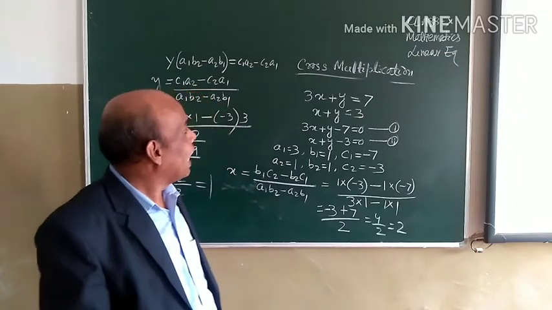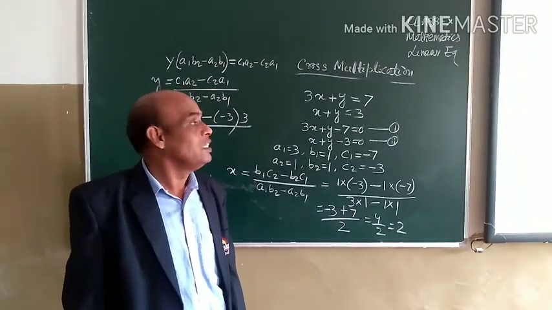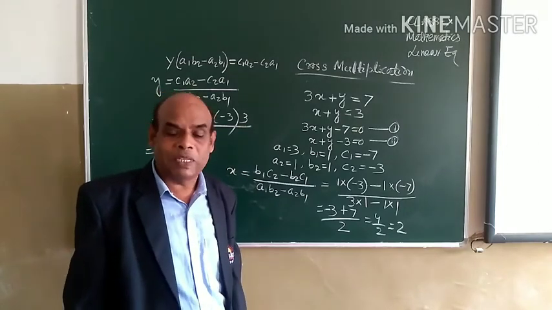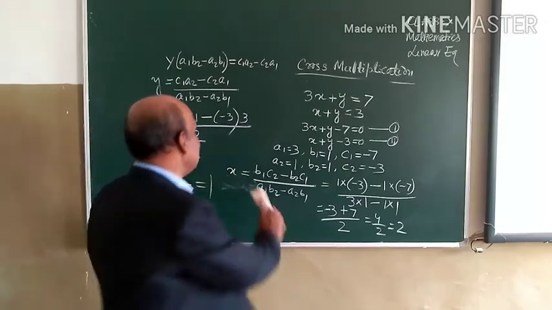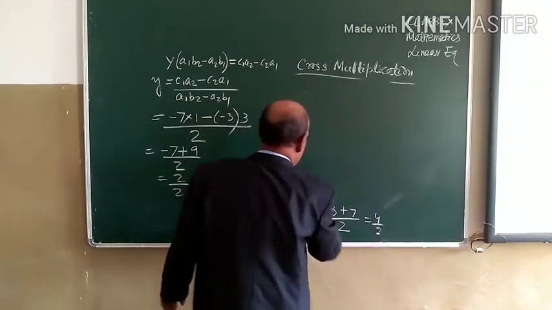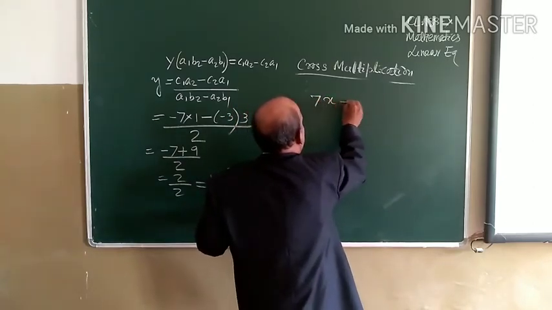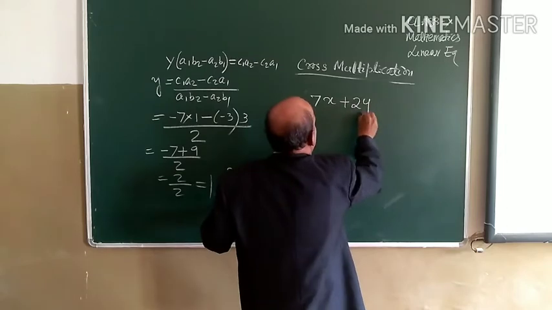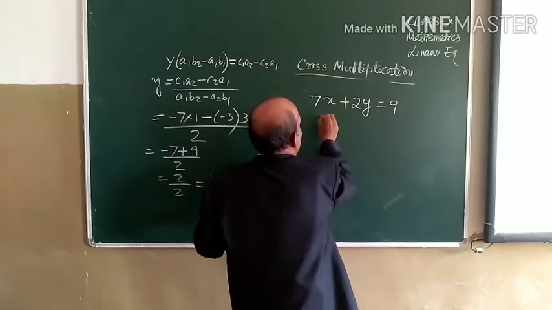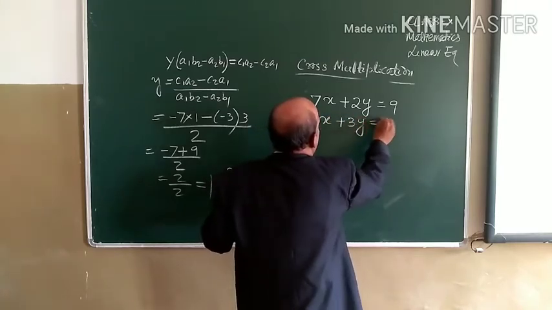Now I will give you two problems that you have to solve at home by the method of cross multiplication. So you see, the question is like this: 7x plus 2y is equal to 9, equation 1, then x plus 3y is equal to 4.